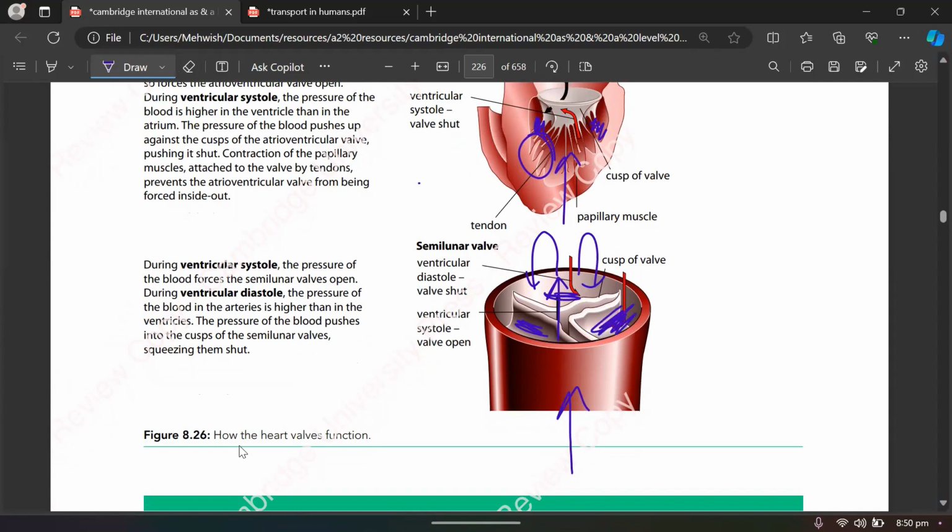When these cups get filled up with the blood, the semilunar valve will close. So this is how the semilunar valve is opening. Opening of both the valves is taking place because of the blood pressure, and closure is taking place because of the filling up of the blood into the cups of the semilunar valve, as well as the atrioventricular valve, that is causing the valves to shut close.